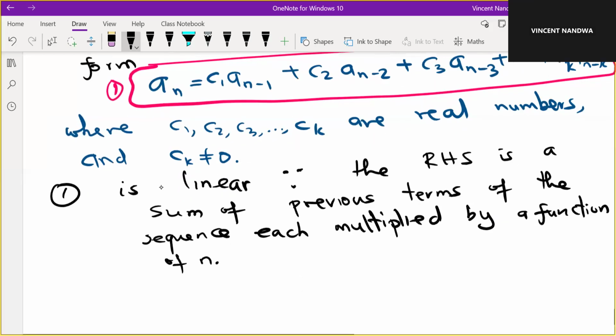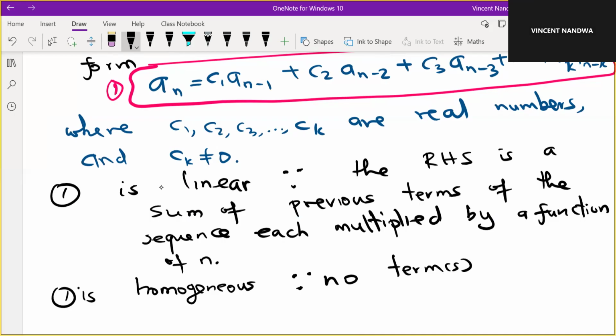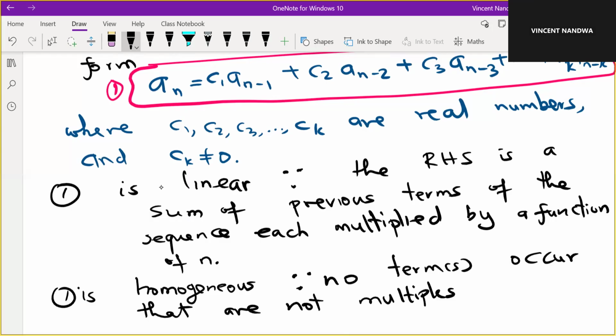Then (1) is homogeneous because no term or terms occur that are not multiples of the a_j's.